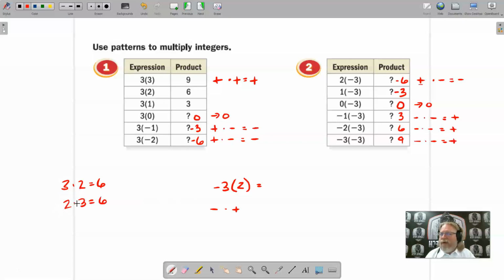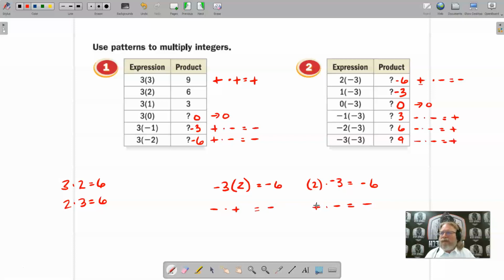That's called the commutative property of multiplication. We could reverse the order of the 3 and 2, and it doesn't make a difference. So we could say that the positive 2 times the negative 3, that's going to equal negative 6 as well. They both equal negative 6. So apparently a positive times a negative equals a negative, and a negative times a positive equals a negative as well.